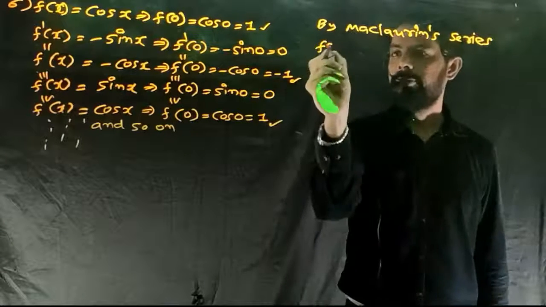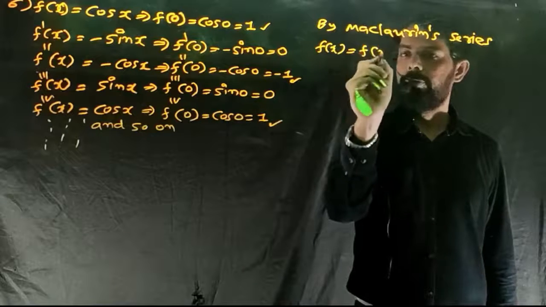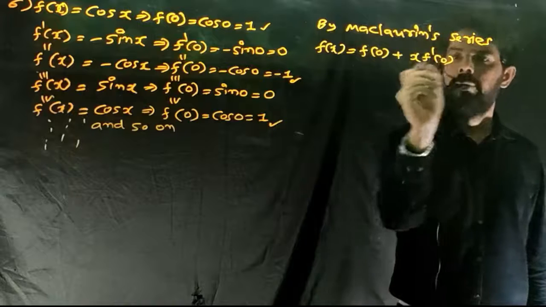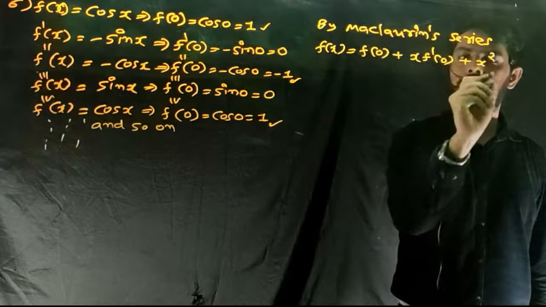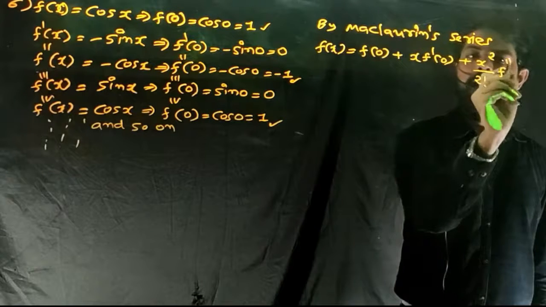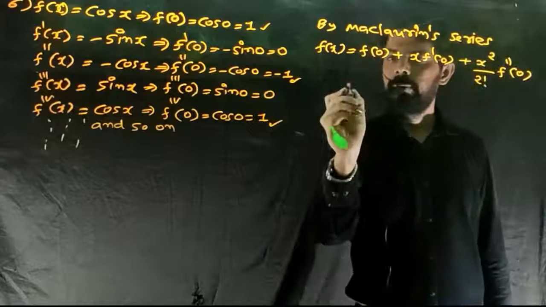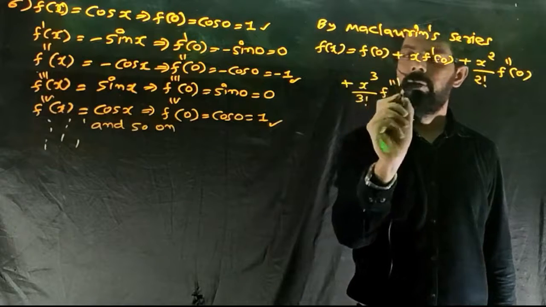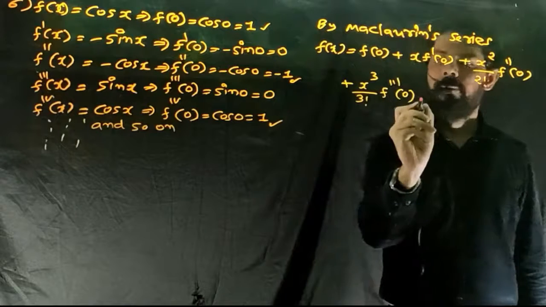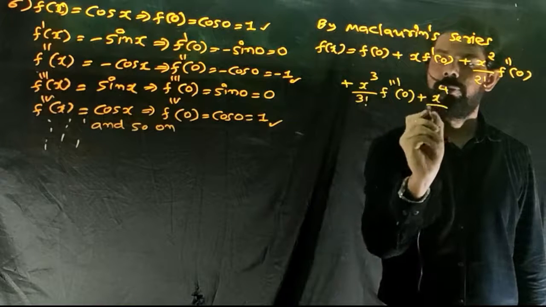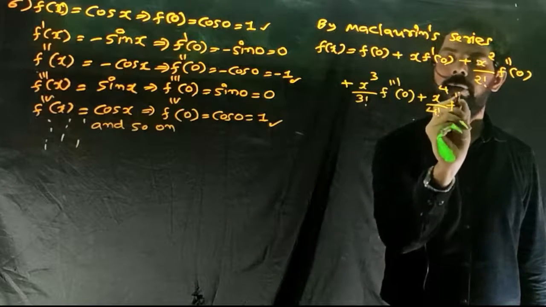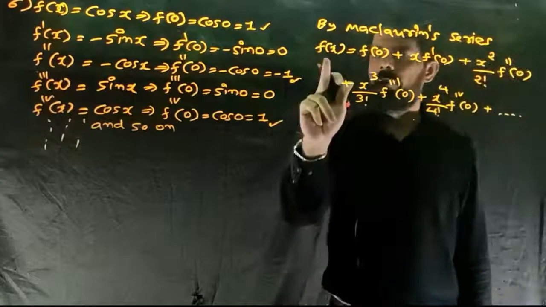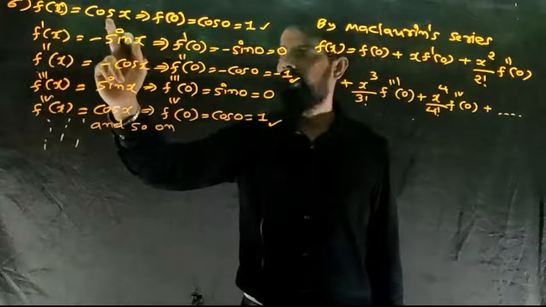It is f of x equals f of 0 plus x f dash 0 plus x square by 2 factorial f double dash 0 plus x cube by 3 factorial f triple dash 0 plus x raised to 4 by 4 factorial f4 0 plus and so on. So what is f of x? That is our given function, cos x.